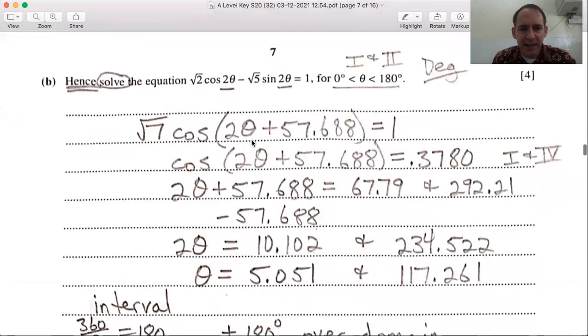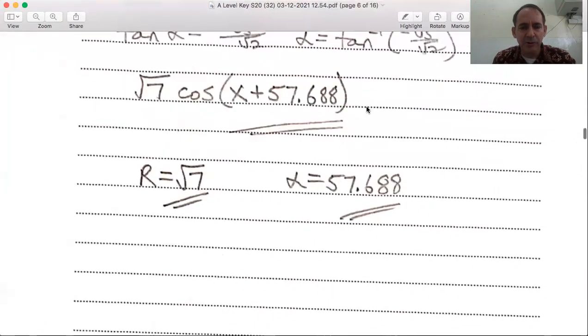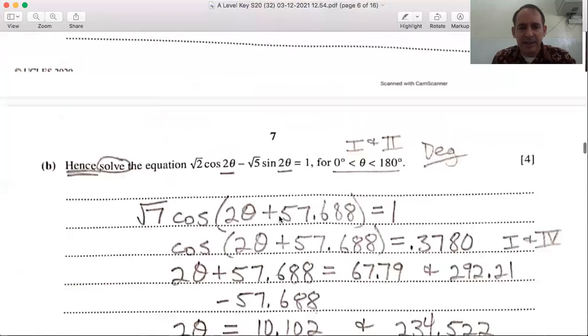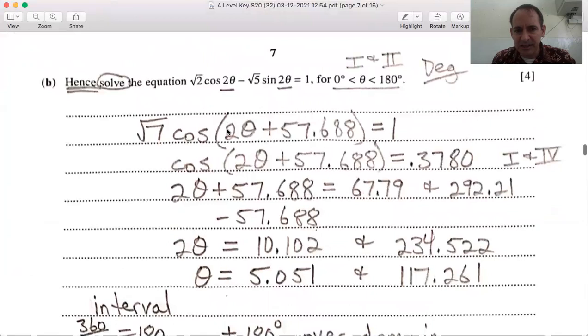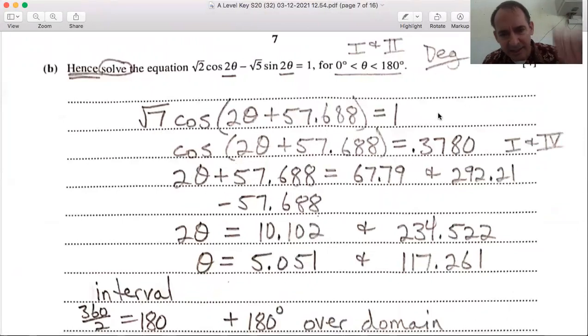So we're going to take our result right here, the root cosine x plus 57.688, and we're going to use that, except instead of x, we're going to use 2 theta. So everything else we take from the previous question, and we just substitute in the 2 theta because that's the only difference. And don't forget the equals 1 on the right.